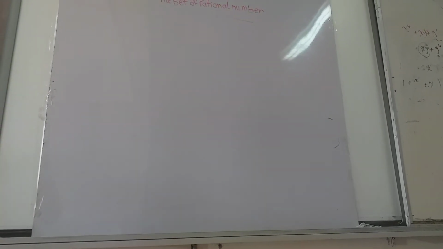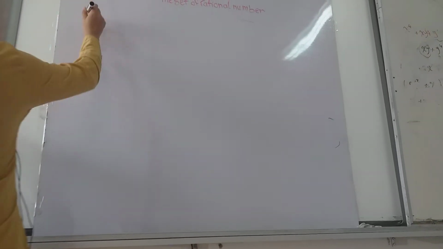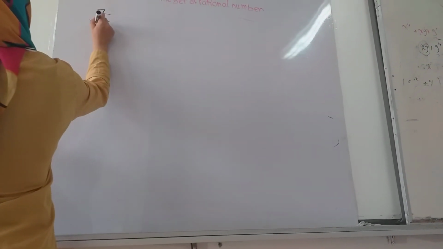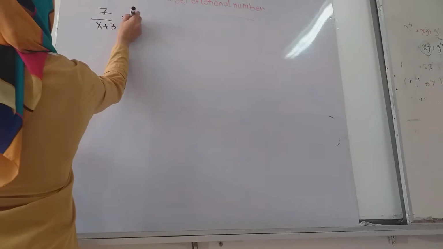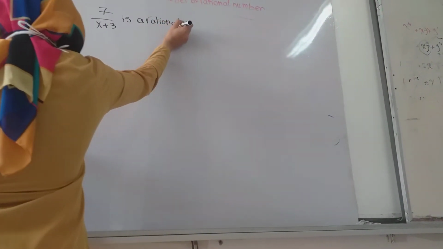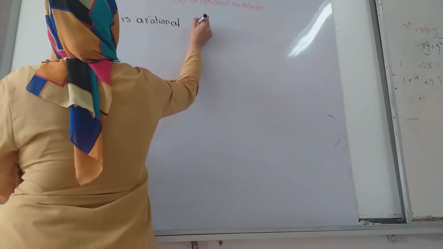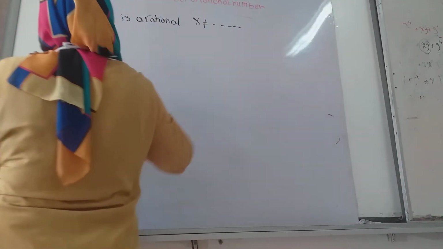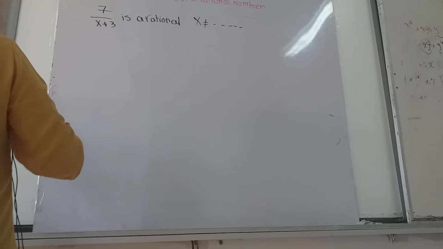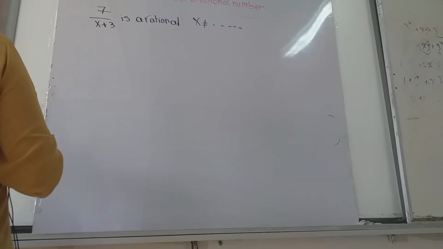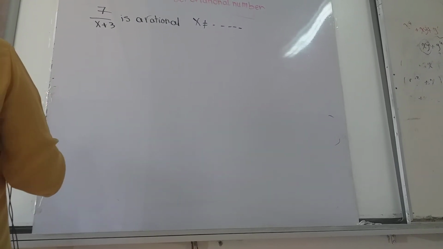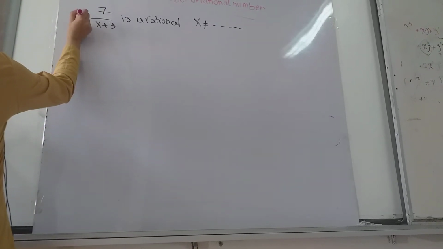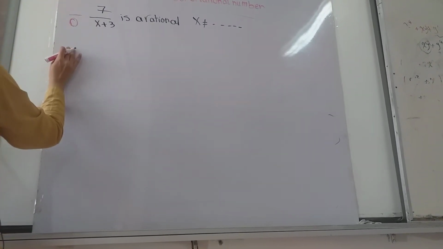Let's take another example. If 7 over x plus 3 is a rational number, so x not equals what? Here it says it is a rational number. For a rational number, what was the condition? The most important thing is that we can't have the denominator equal 0.